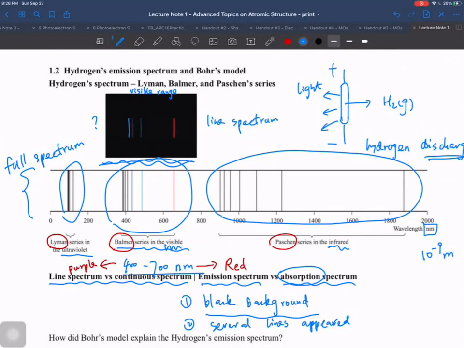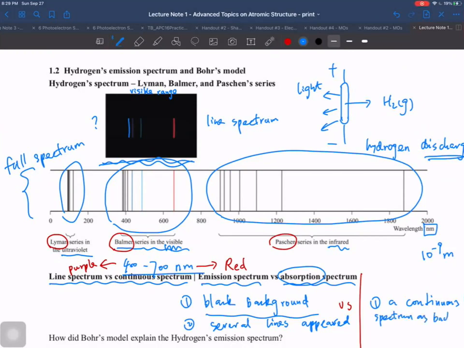The absorption spectrum is based on the input light being white light or sunlight. So you should have a continuous spectrum as the background, versus a black background.